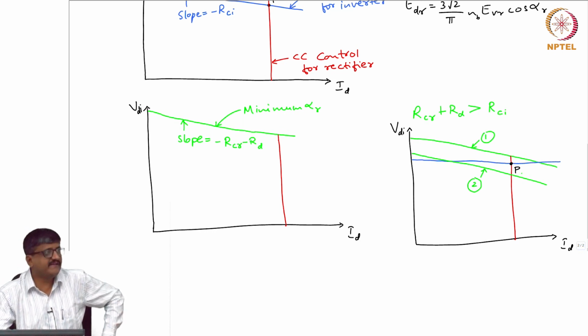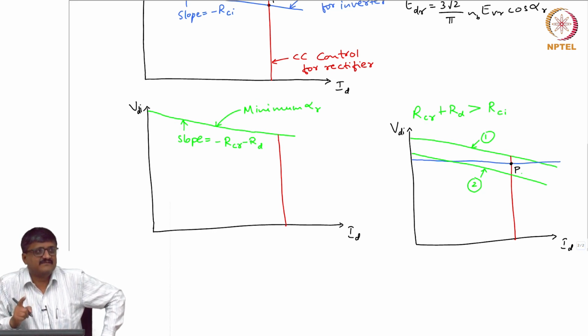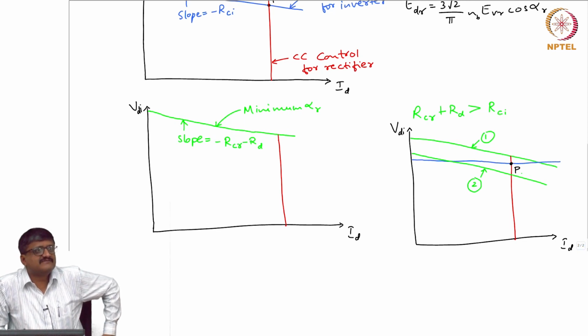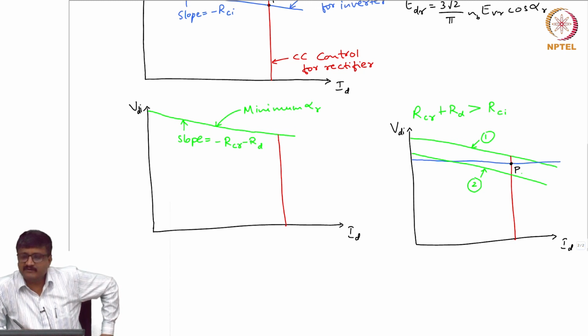If I want to maintain constant extinction angle, I have to be on the blue line. Constant extinction angle means I have to be on the blue line, that I can't violate. So, intersection of the new green curve 2 and the red line means I am moving away from the blue line, which is constant extinction angle.